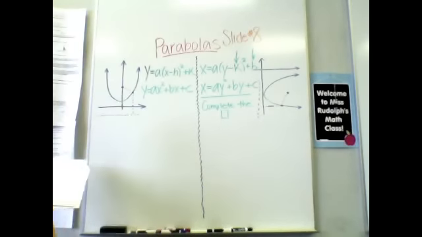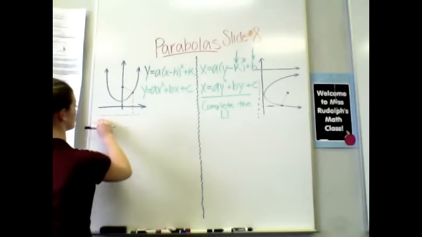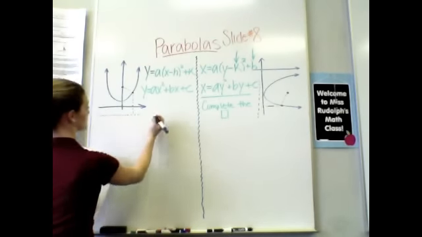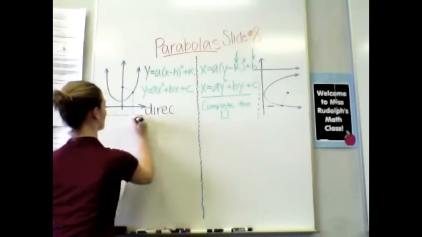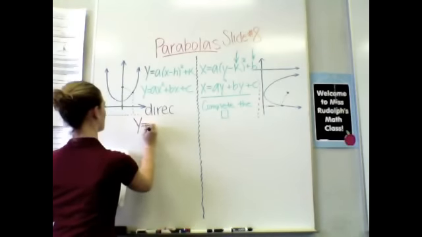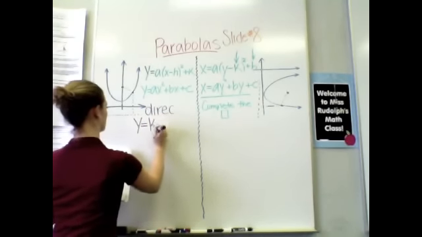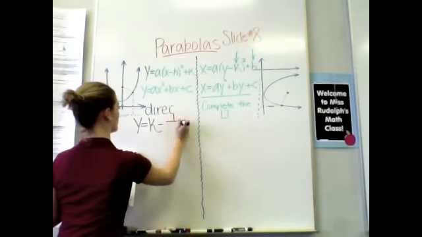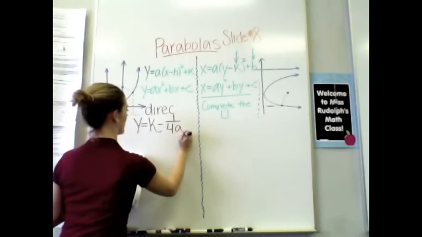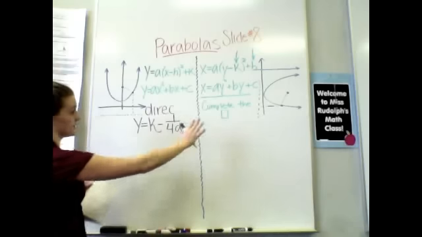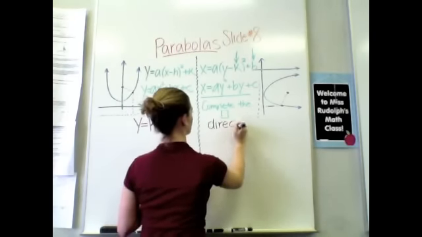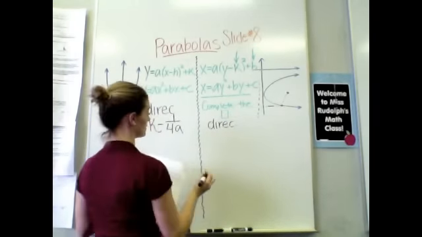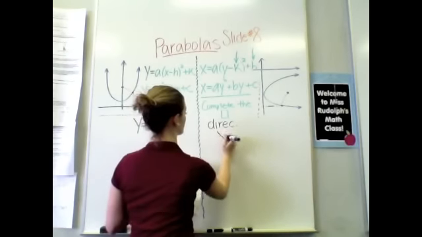Now in this case, the equation for my directrix will be horizontal, so therefore the directrix should also be set equal to y. This time it'll be y equals k minus 1 over 4a. In this case, our directrix, similarly to our equation, will be set equal to x.